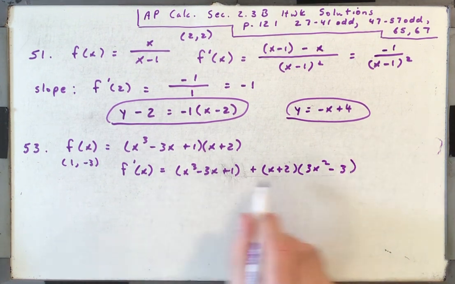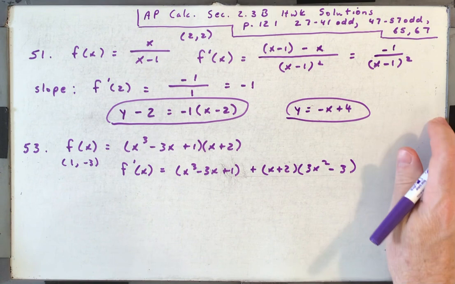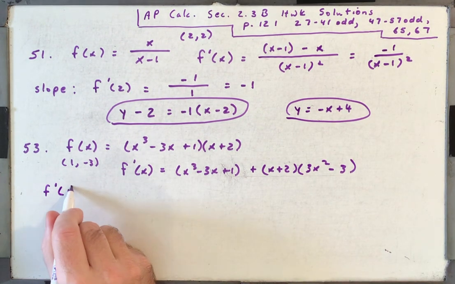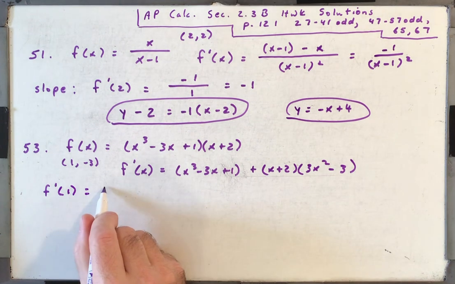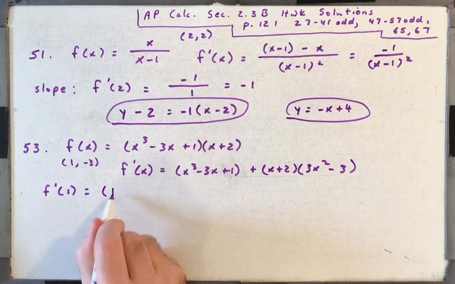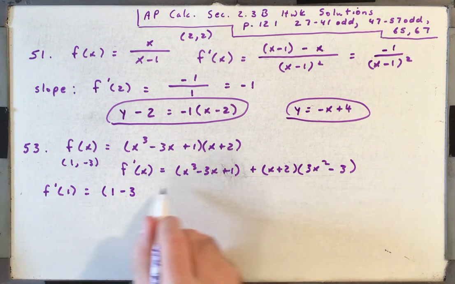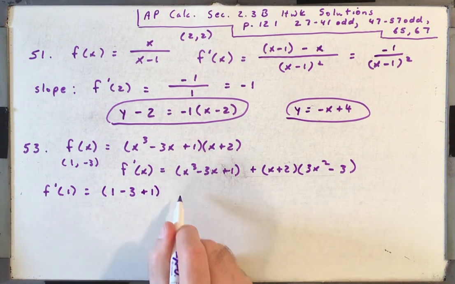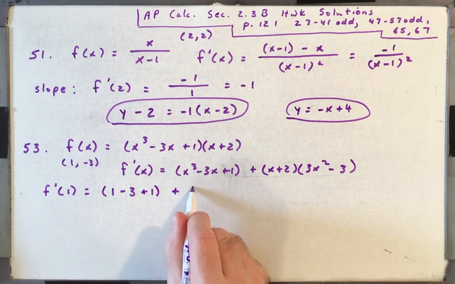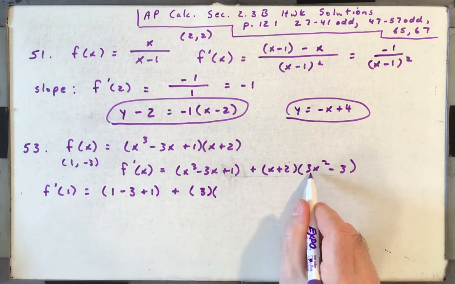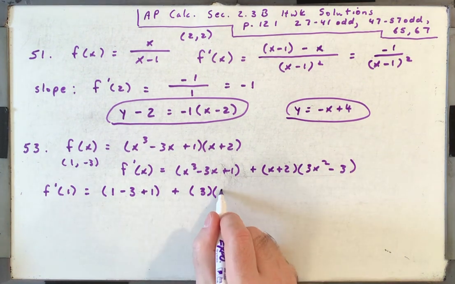And I'm not going to try to simplify all that out because I'm just going to plug in 1 to get the slope. So that's going to be 1 cubed is 1, minus 3 times 1 is 3, plus 1, plus 1 plus 2 is 3, and then 3 minus 3 is 0.